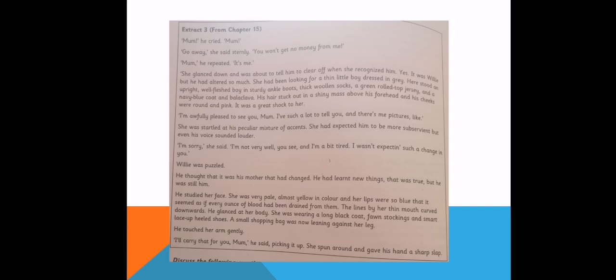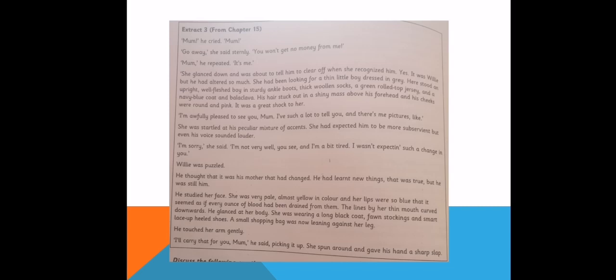She had been looking for a thin boy dressed in gray. Here stood an upright, well-fleshed boy in sturdy ankle boots, thick woolen socks, a green rolled top jersey, and a navy blue coat and balaclava. His hair stuck out in a shiny mass above his forehead, and his cheeks were round and pink. It was a great shock for her.